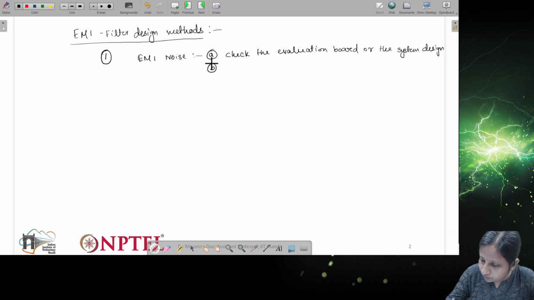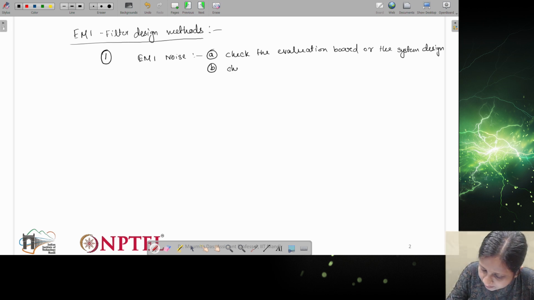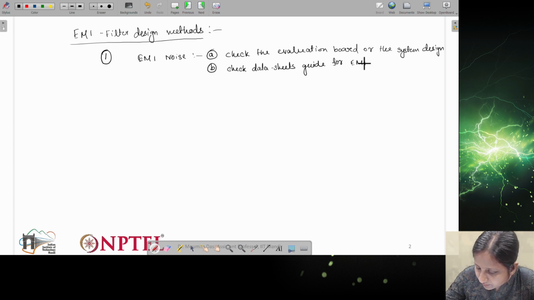Then what we need to do? Check data sheets, guide for EMI results and filter.